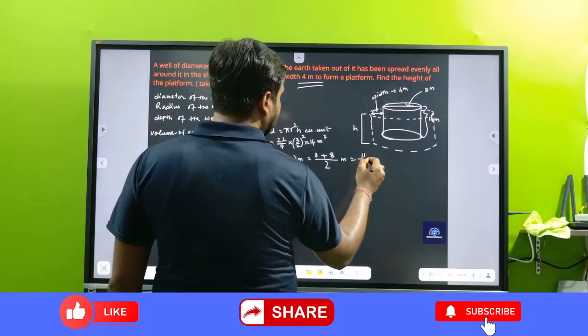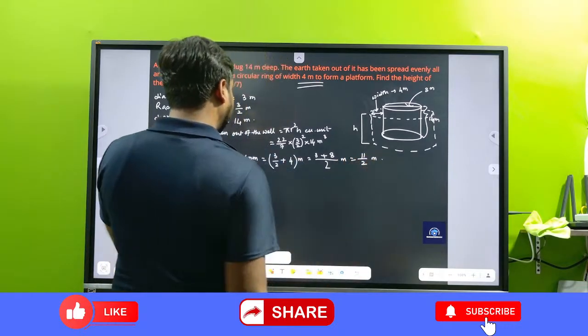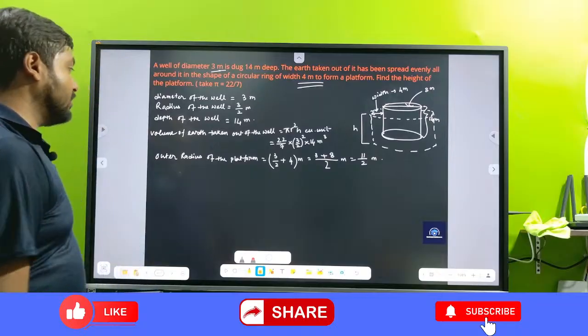That is 11 by 2 meter. This is the outer radius of the platform.